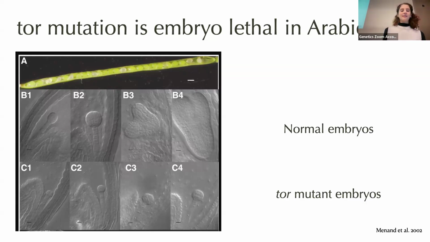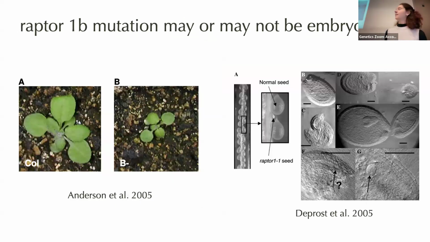And that's important because Raptor 1B mutation has been shown to be embryo lethal, but also to not be embryo lethal. And so the question sort of is, well, I guess I'll get to that in a second.